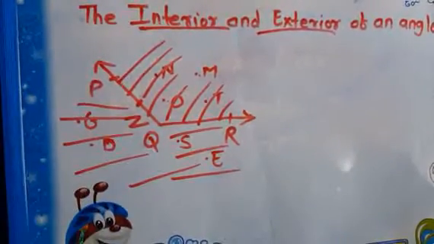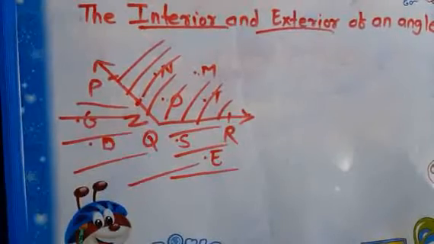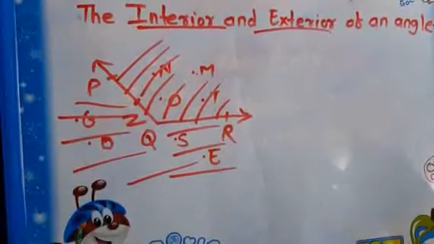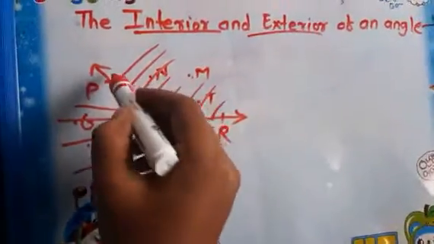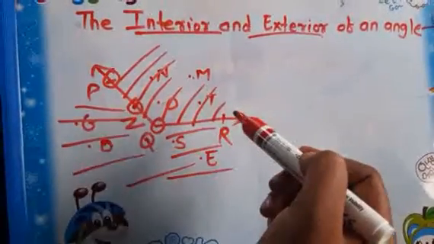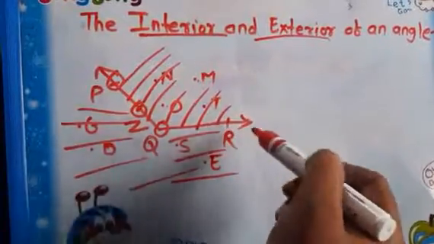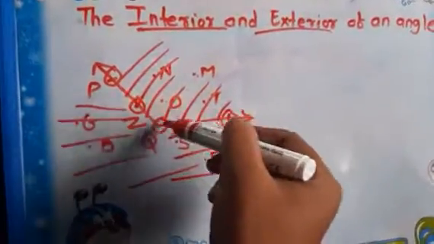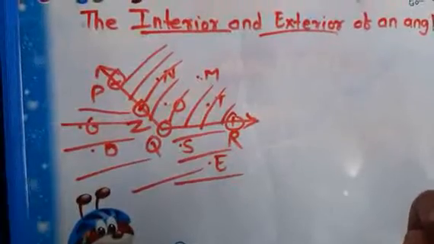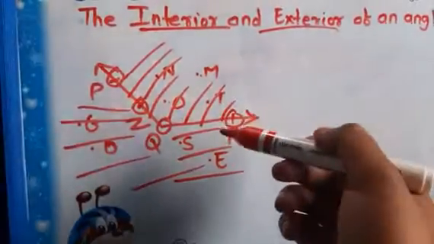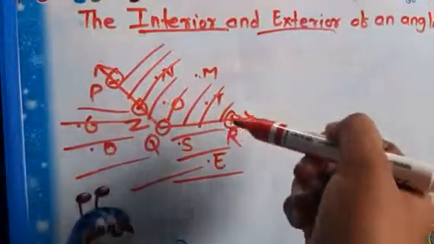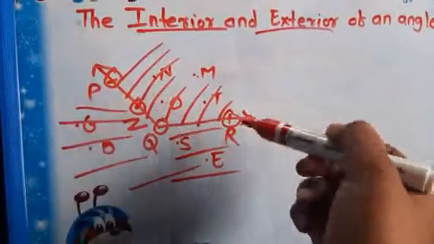Now if you see, there are some points which lie on the arms of the angle. For example, point Q, point Z, point P and point R. These 4 points are present on the arms of the angle. So they are not present in the interior or in the exterior. They are present on the arms of the angle.